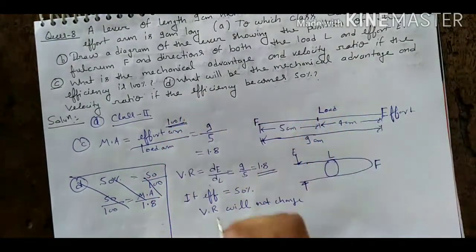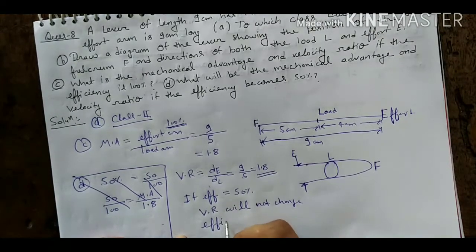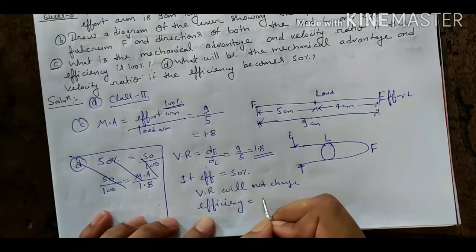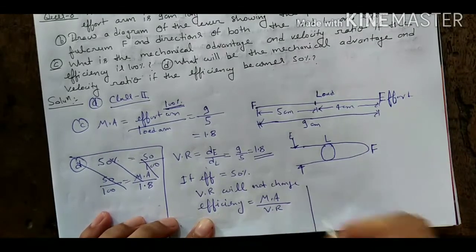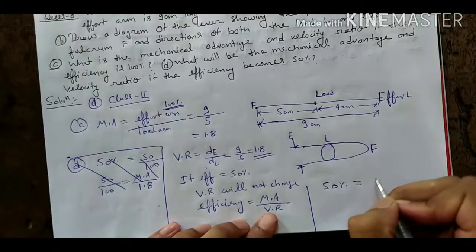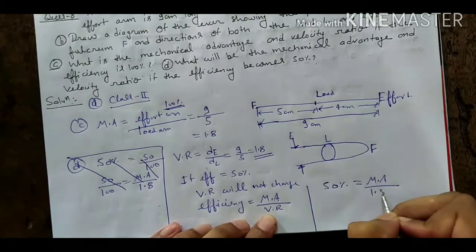And what will be the mechanical advantage? The mechanical advantage will change. We know, as we proved this formula in the previous lecture, that efficiency equals mechanical advantage upon velocity ratio. Here efficiency is given as 50%, mechanical advantage we have to find, and velocity ratio is 1.8.